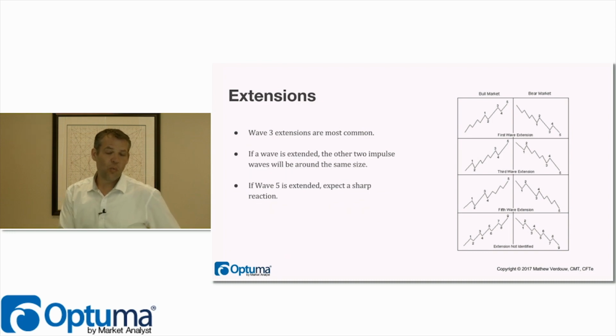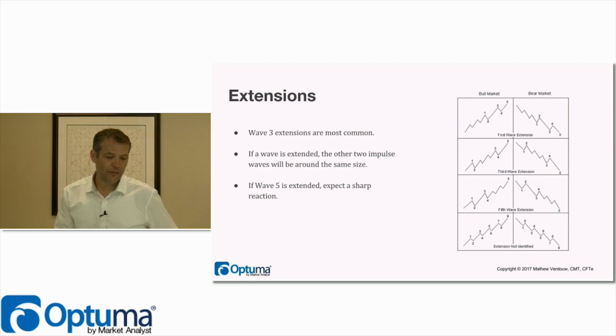Continuing on, wave 3 extensions are the most common. You're going to see some retracements and going on. It's not as clean as the other ones. If a wave is extended, then usually the other 2 waves will be around the same size. So that's a rule to remember.